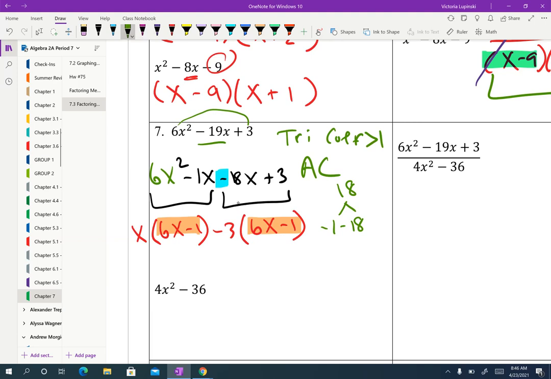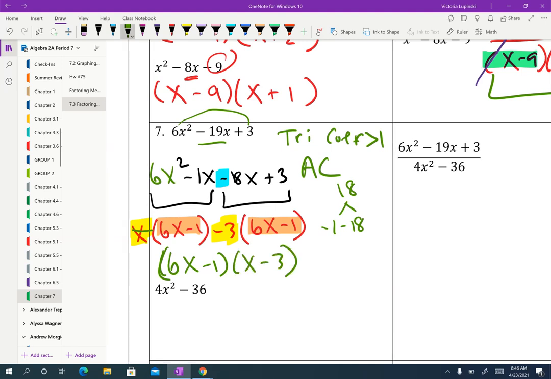And if they are the same, that's half your answer, 6x minus 1. And then whatever's on the outside is your other answer, which is x minus 3. And you can write them in either order as long as those are your factors. So I'm going to go ahead and write that over here. So 6x minus 1 and x minus 3.